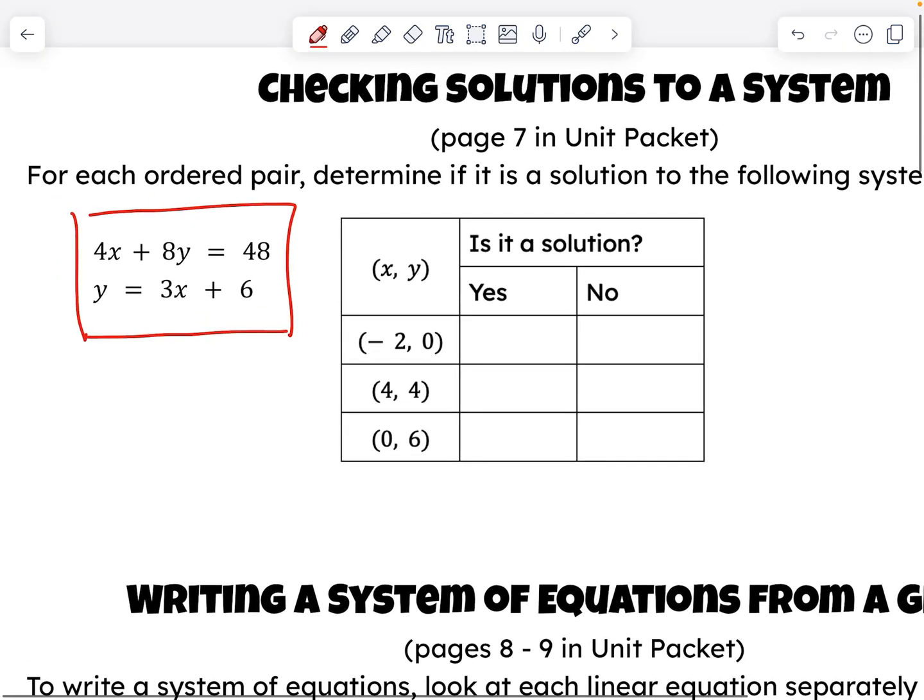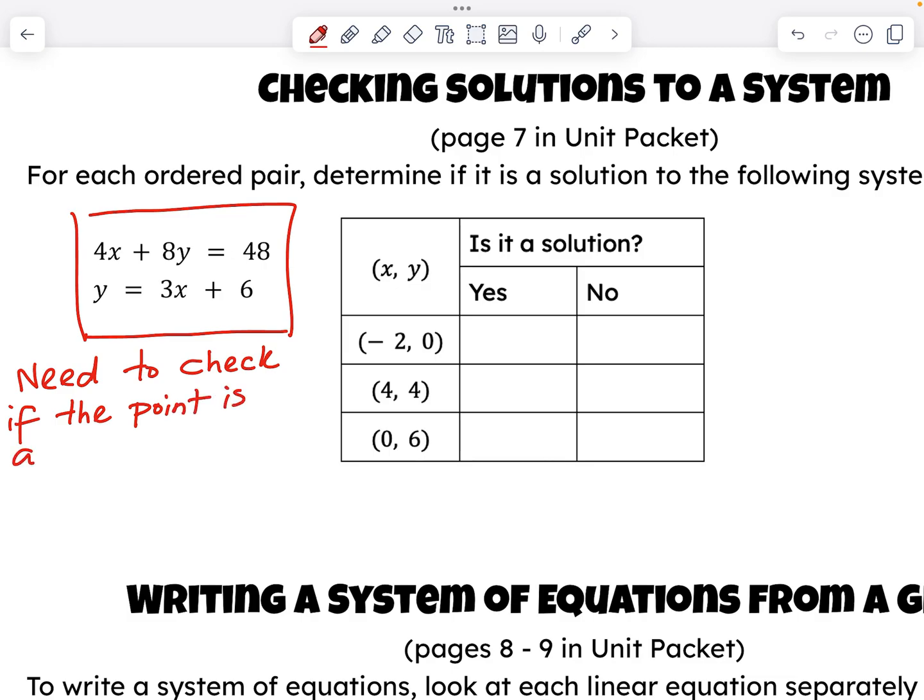So the first thing to know is that when I'm checking a solution, I need to check if the point is a solution for both equations, okay?